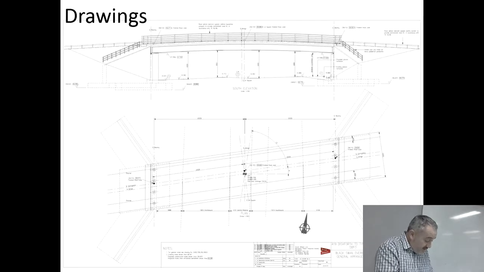Yeah, so that's what we have here. And then the choice of bridge depends upon the method of erection, the local skills, future maintenance, and aesthetics. This is just a standard over bridge. It's not a lovely bridge unless you like this type of bridge.